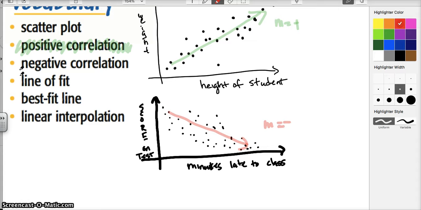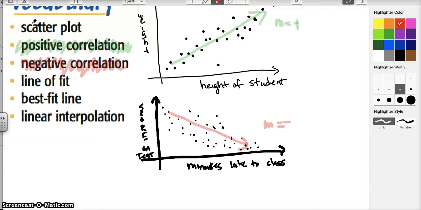So negative correlation is where as one variable increases, the other one decreases. So as the minutes late to class increase, the score on test decreases. Or if you look at it differently, as your score on test increases, your minutes late to class have to decrease for the higher score. All right. So that was a positive correlation here. This is a negative correlation.